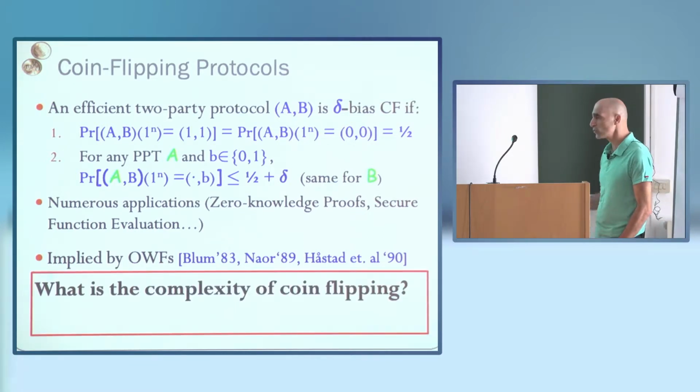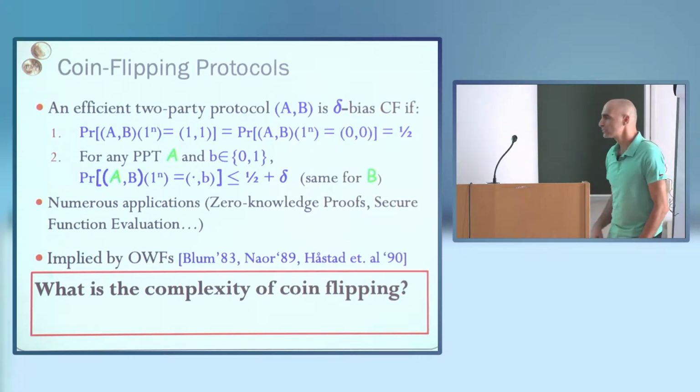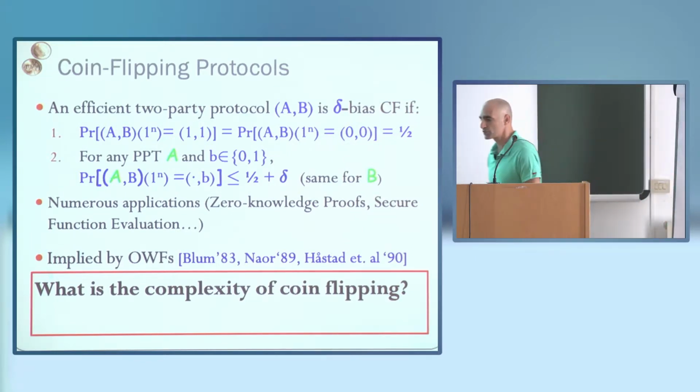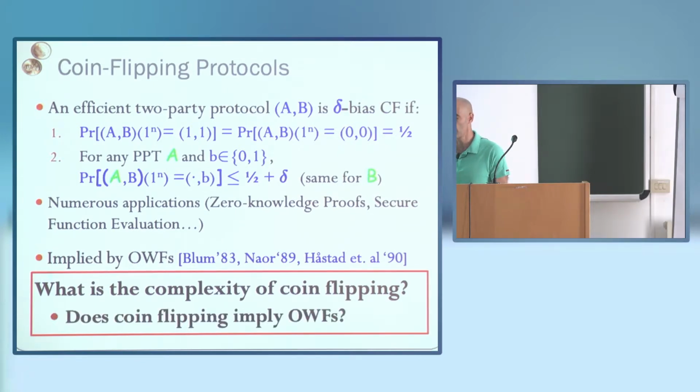And the question I'm going to ask here is what is the cryptographic complexity of coin flipping? And specifically, can we have the other way as well? Can we derive one-way functions from coin flipping protocols?